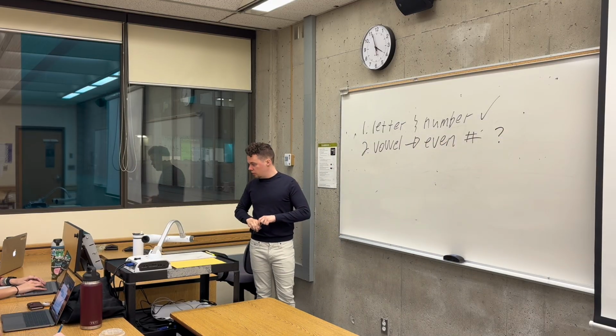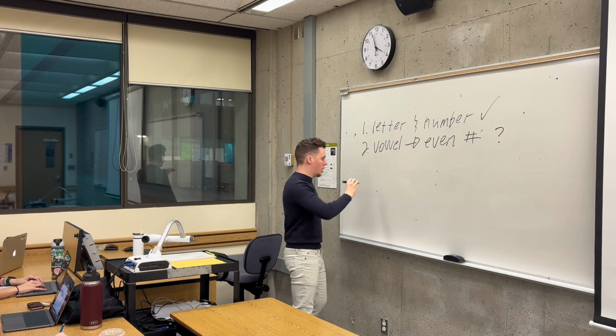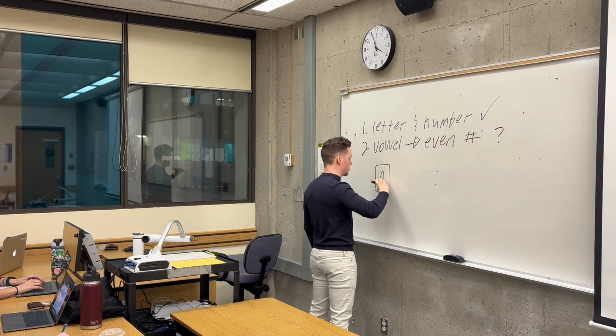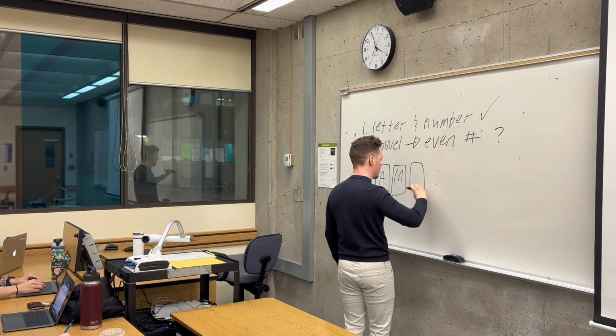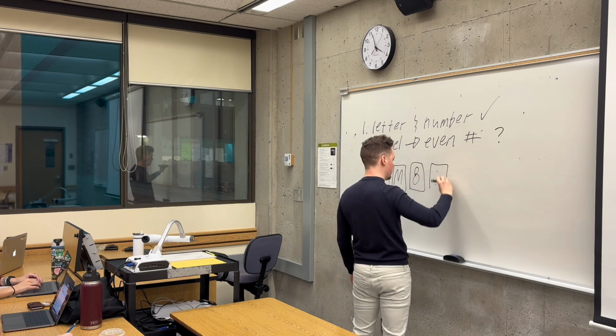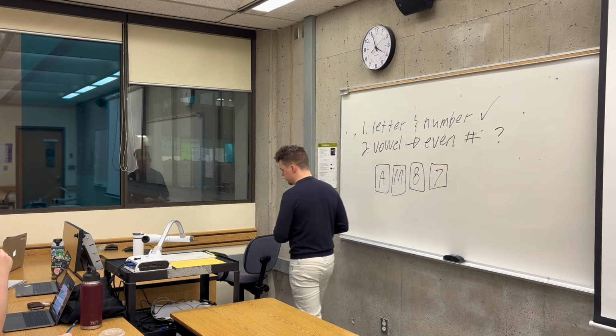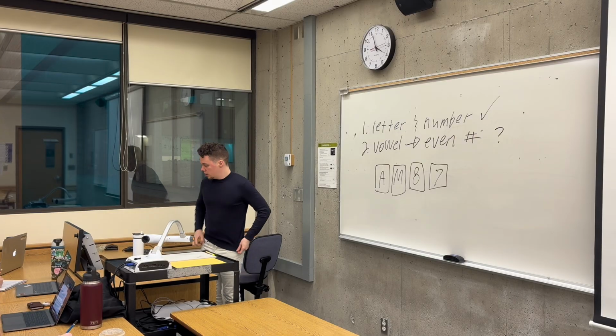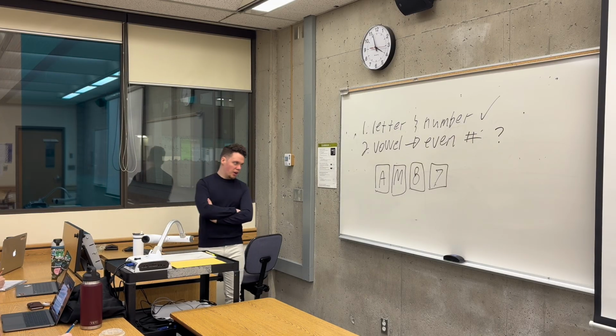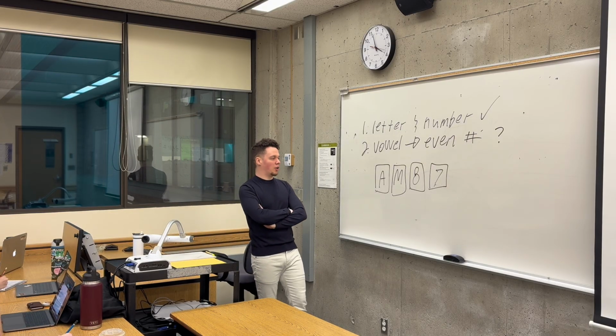So suppose this is the top side of the cards. A, M, 8, and 7. So does this look familiar now? Yeah. Some of you may already know, although even people who have heard it before sometimes forget.